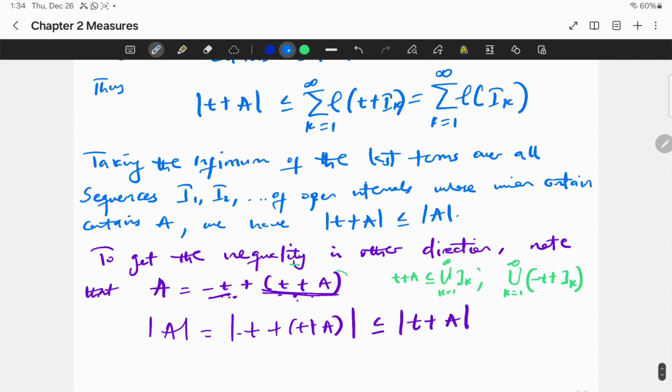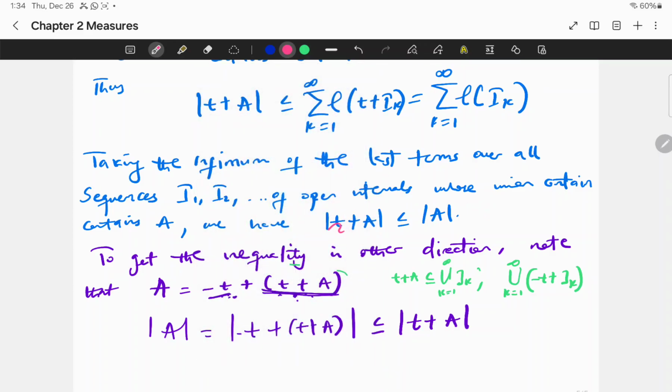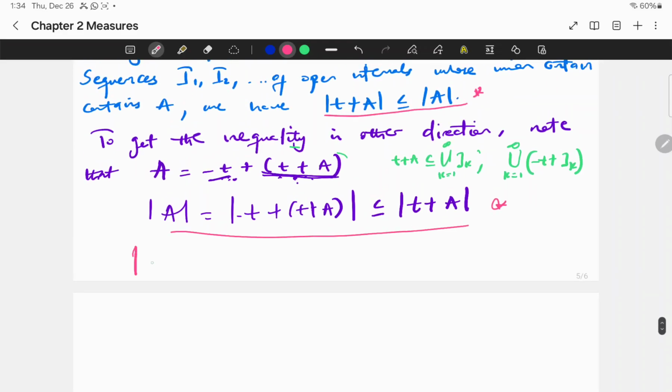So by this direction and in the other direction, we can conclude that the outer measure of t plus A is equal to the outer measure of A, and that ends the proof.